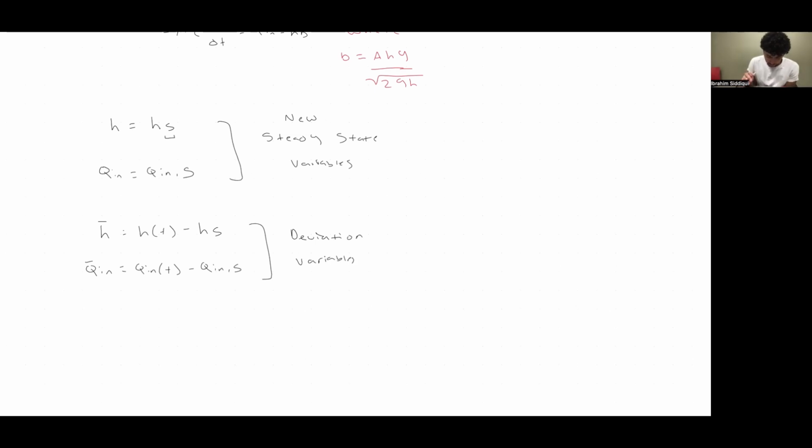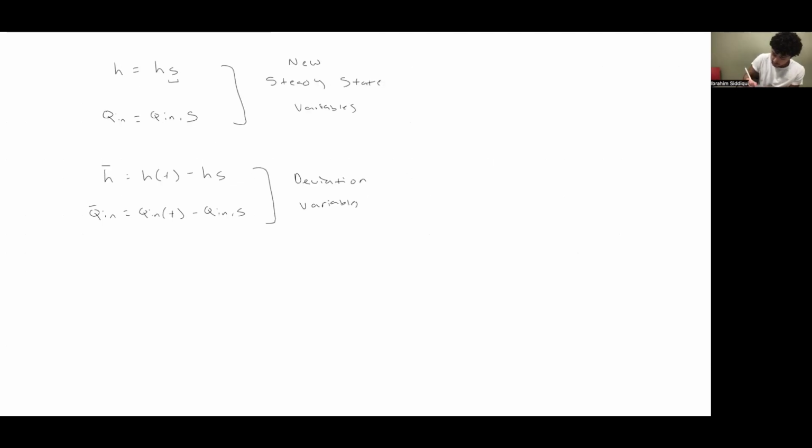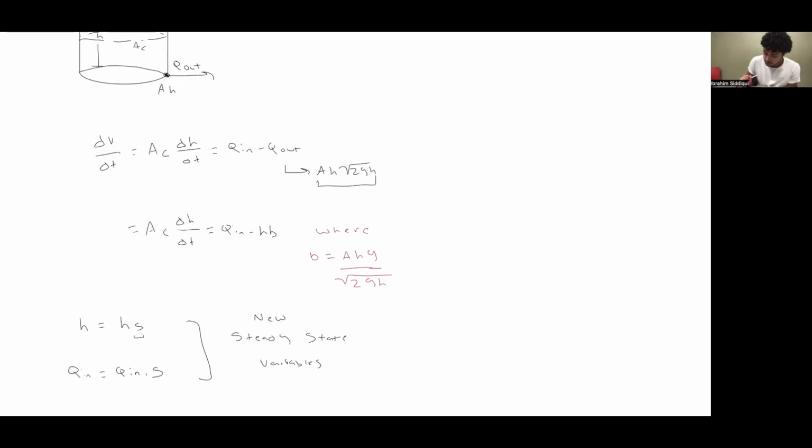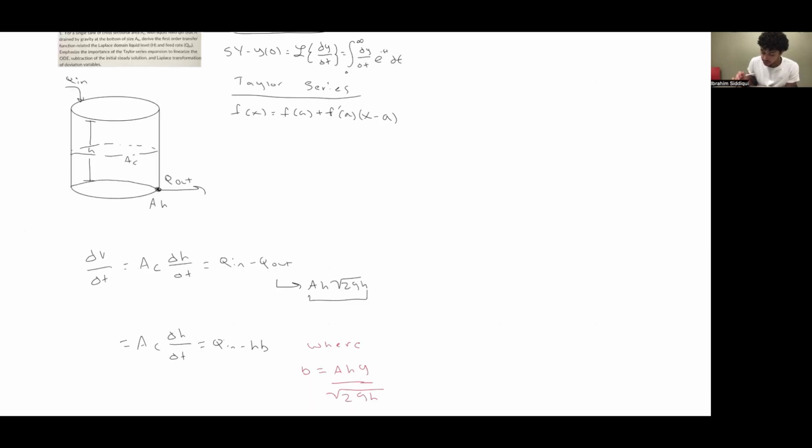So now what we can do is utilize our Taylor series expansion. So let me go ahead and write that. We're now using the Taylor series. Let's go back and look at our function right here. We have our function of x, which is equal to our function of a plus our f prime of a multiplied by x minus a.